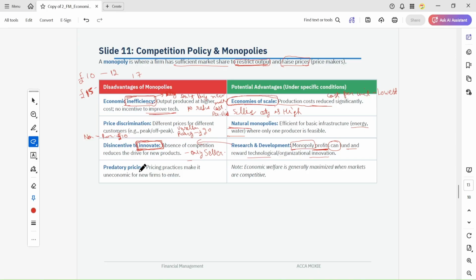Another is predatory pricing. This practice makes it uneconomic for new firms to enter, because the monopoly producer is in the situation that they can produce at very high quantity and at very low price because of the economies of scale. So when outsiders compete with the company, what does the monopoly company do?